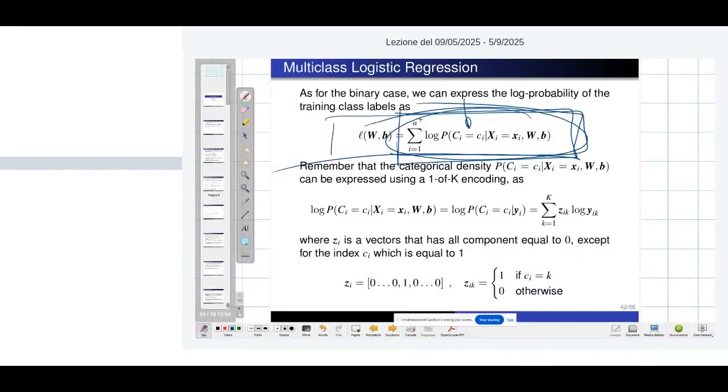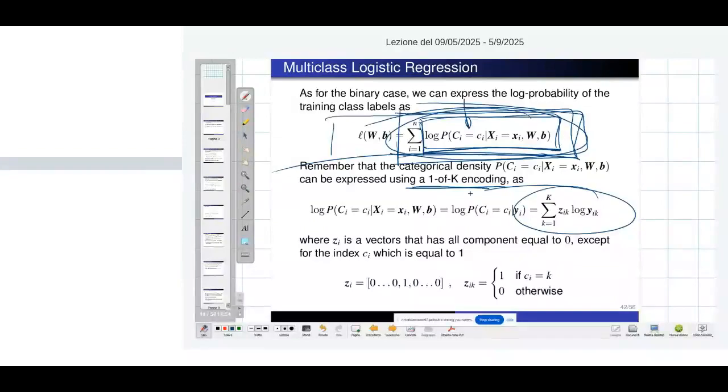Now, the difference between this and the binary case is that here we should use the proper model for the class posterior. In the binary case, this was a Bernoulli, so we used the Bernoulli density to represent this. Here we have a categorical. Remember that we can express a categorical distribution in a way that, when I introduced it at the beginning of the course, I said may look strange, but it will make sense later.